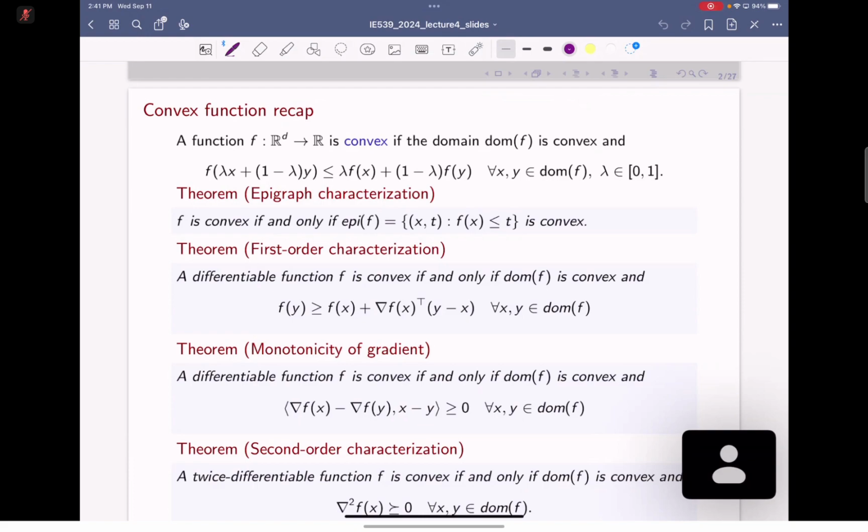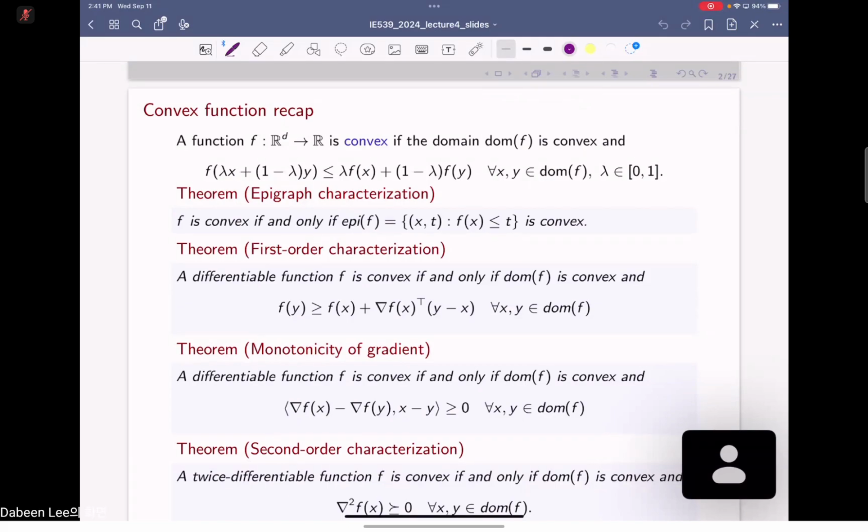The first one, we defined this notion of epigraph. So given a function, we define some set, and the function's convexity can be equivalently stated as set convexity using this notion of epigraph.